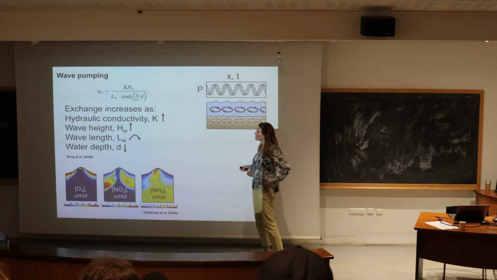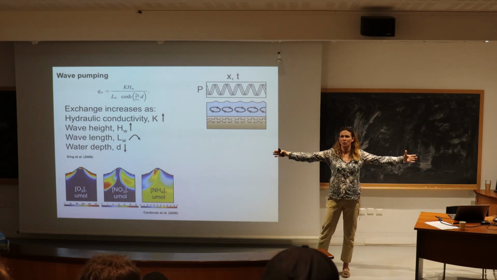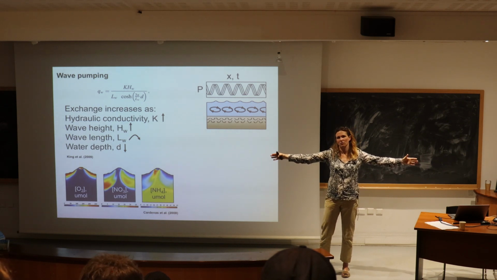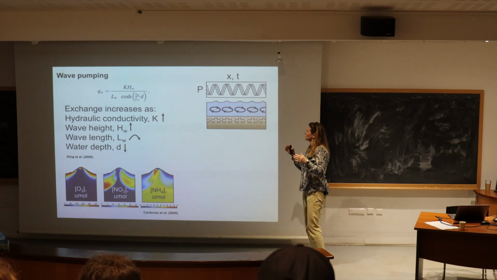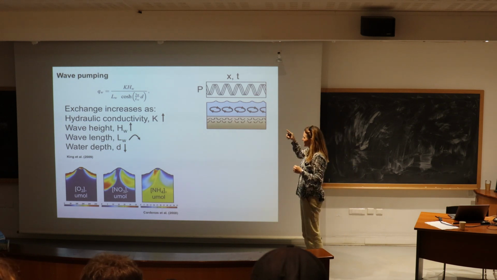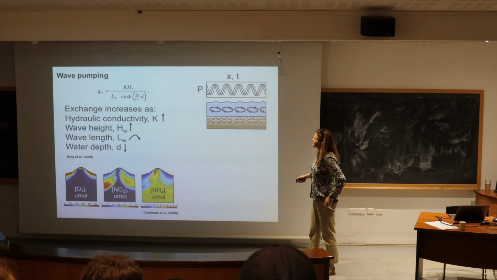It increases with wave height, so bigger waves. It does something non-linear with wavelength, right? The idea is if you have really long waves, that's taking away from your hydraulic head gradient driving flow. And then if you have really, really short waves at sort of the end member limit, then you're not going to be able to get things through the bed as easily.